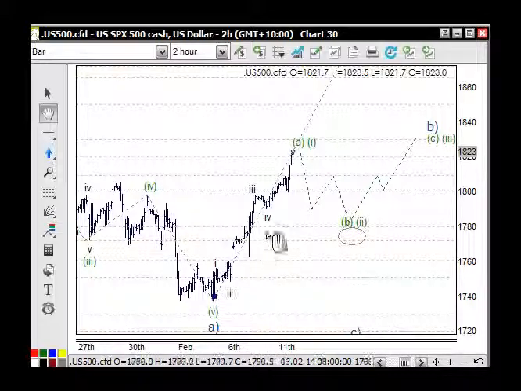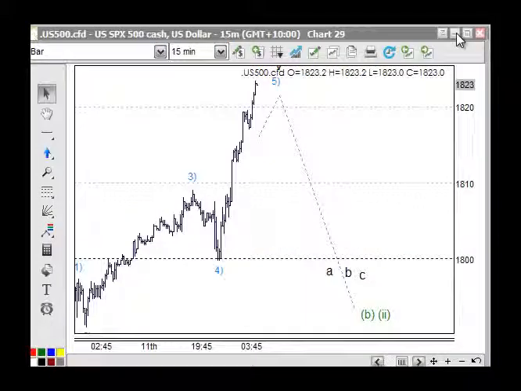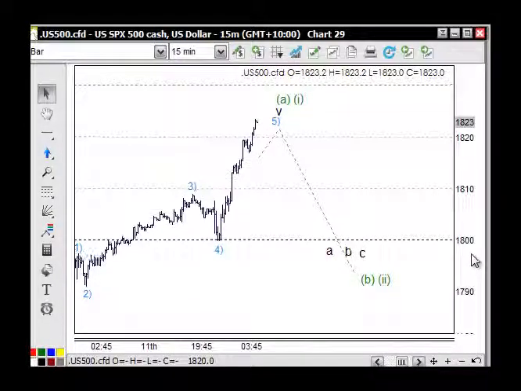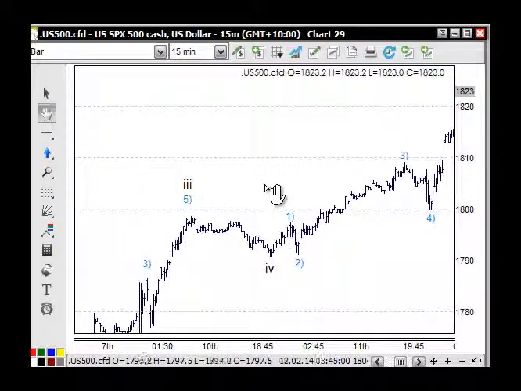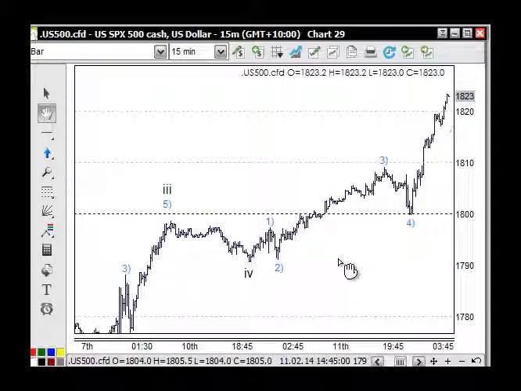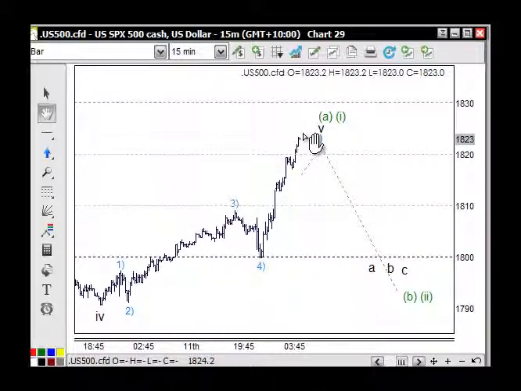But as I mentioned, this little structure up through here is coming to a close one way or the other. So we're looking at it in this structure now. We're looking at wave 3 here at the 1800, wave 4 here, and then counting 5 waves up. 1, 2, nice 3rd wave here, nice 4th wave, and then the 5th wave up through to here.